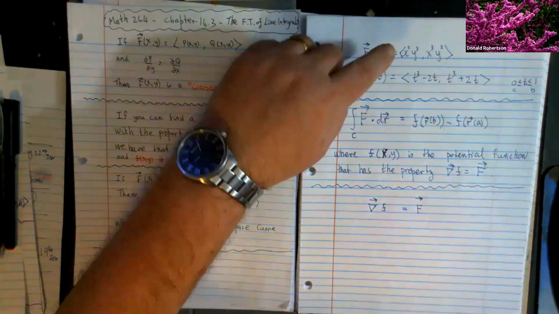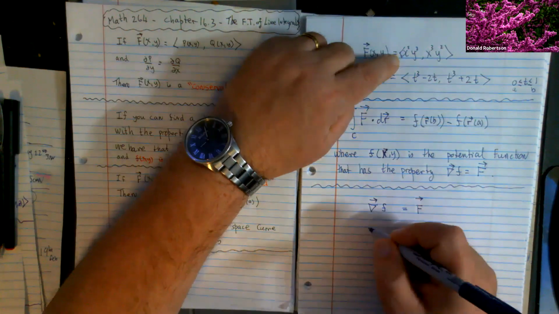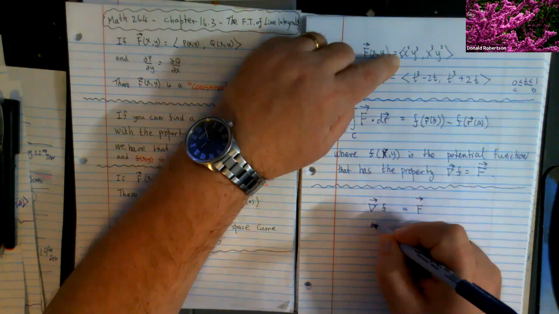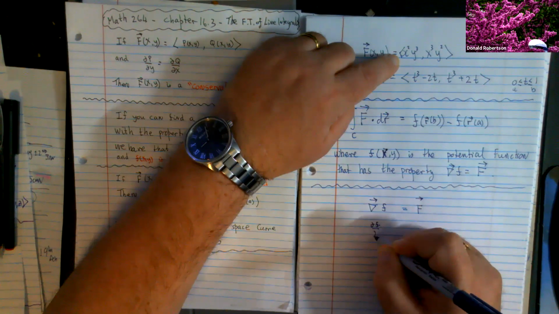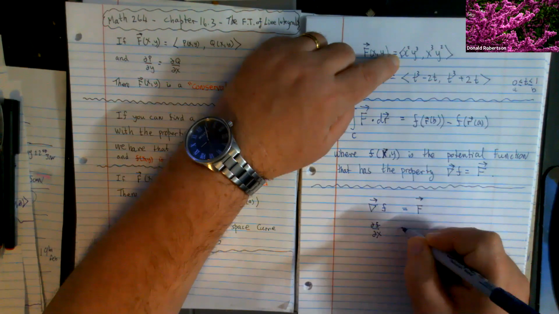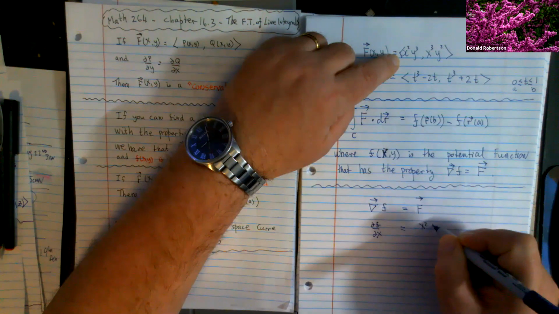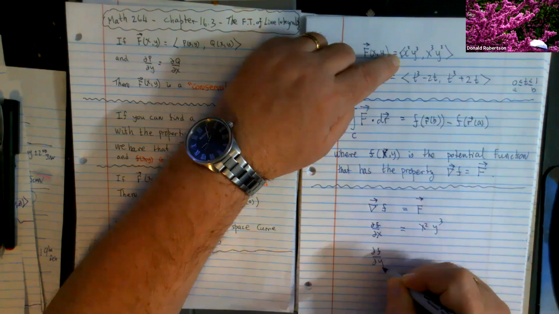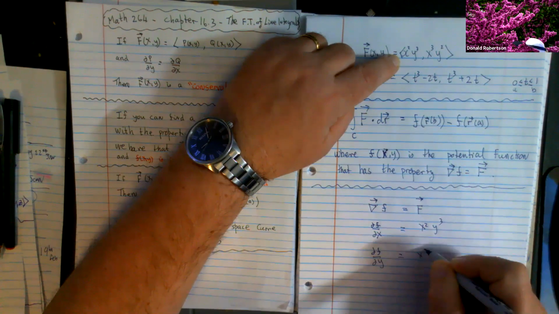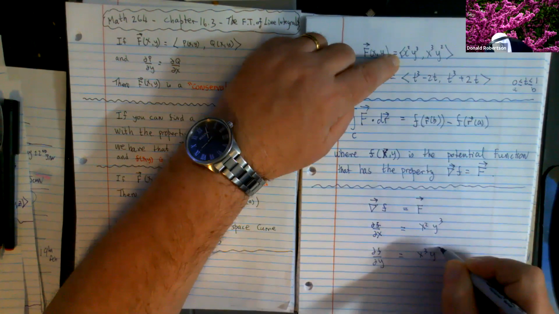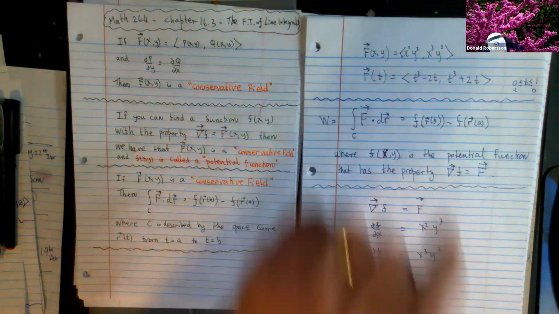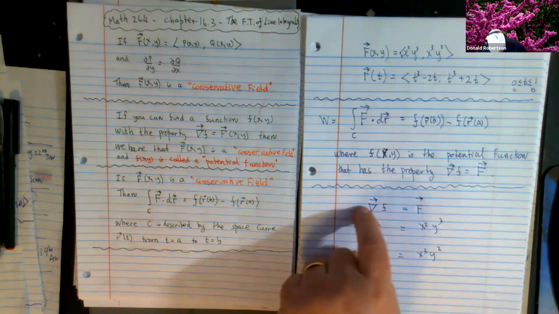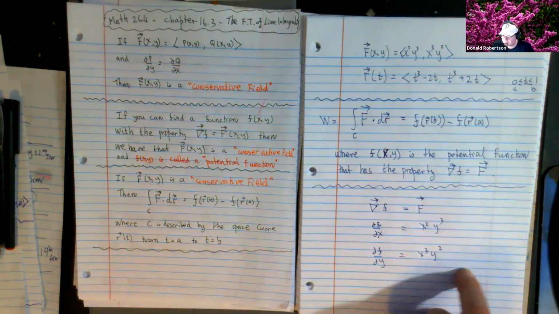So if you do the partial derivative with respect to x, it has to be this guy, and the partial derivative with respect to y has to be that guy. Are we comfortable about that? Essentially transfers into this. Right.